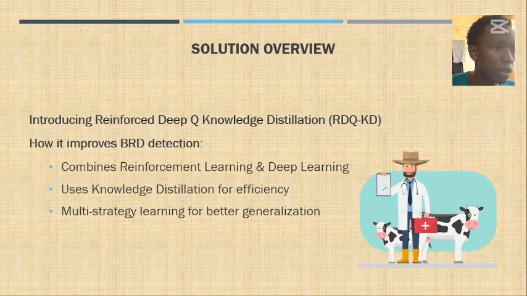It improves detection of this disease by combining reinforcement learning and deep Q learning. It also uses knowledge distillation for efficiency, as well as multi-strategy learning for better generalization.